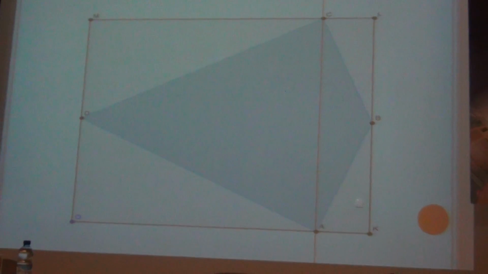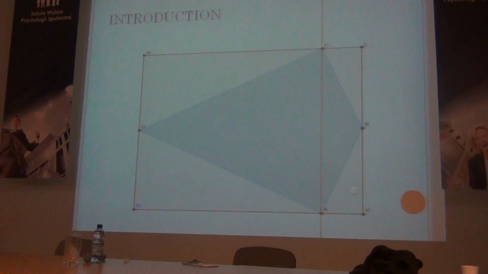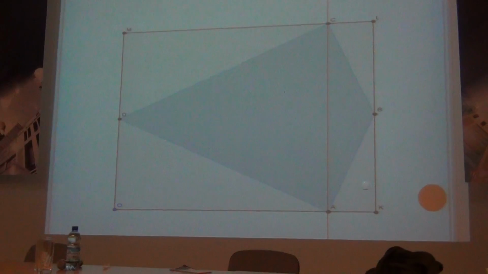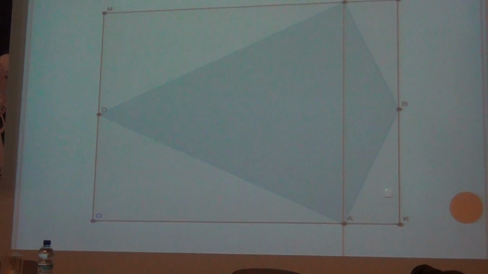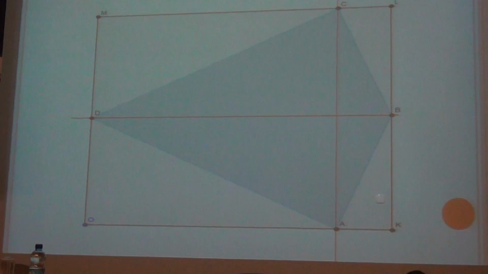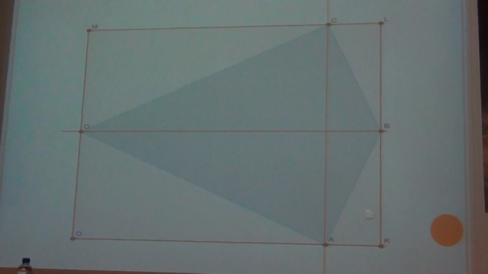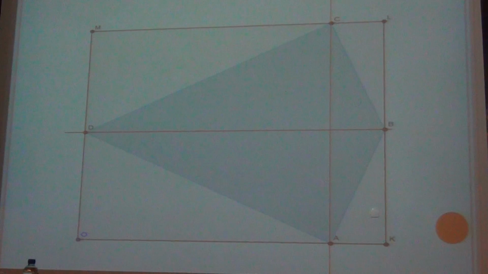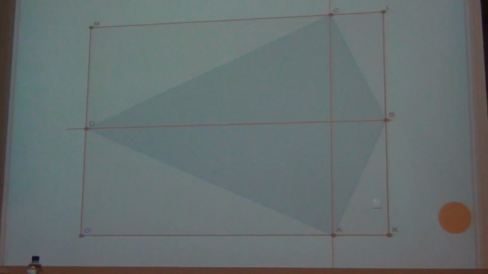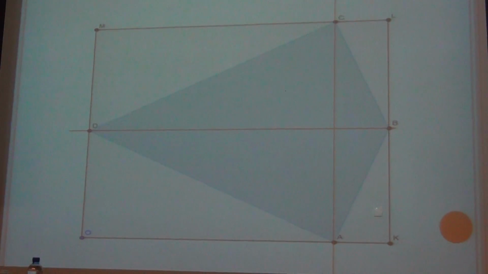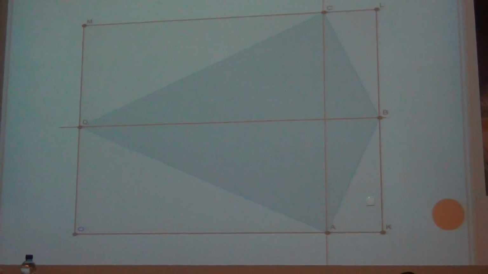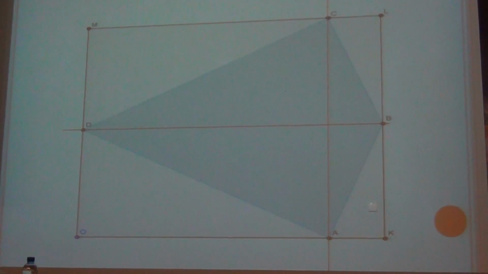This new segment and the ML segment intersect, and we call this intersection C. And after that, a new virtual line: B is on the line, and DB is parallel to ML. This second virtual line and MO intersect at D. We have four points on the rectangle.